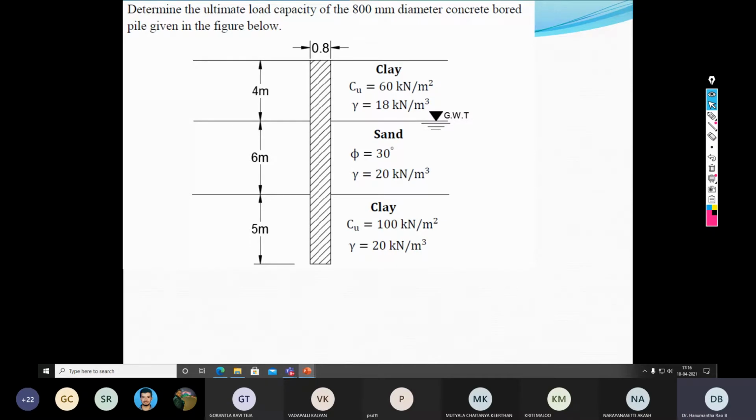Then followed by sand, where the angle of internal friction is 30 and gamma is 20 kilonewton per cubic meter. And below the sand, clay, whose undrained shear strength or cohesion is 100 kilonewton per square meter, and density is 20 kilonewton per cubic meter.